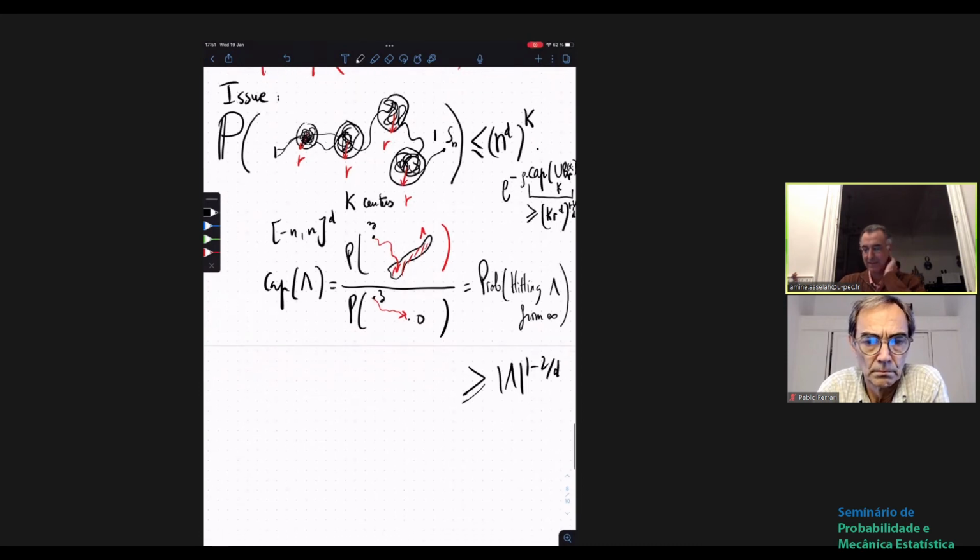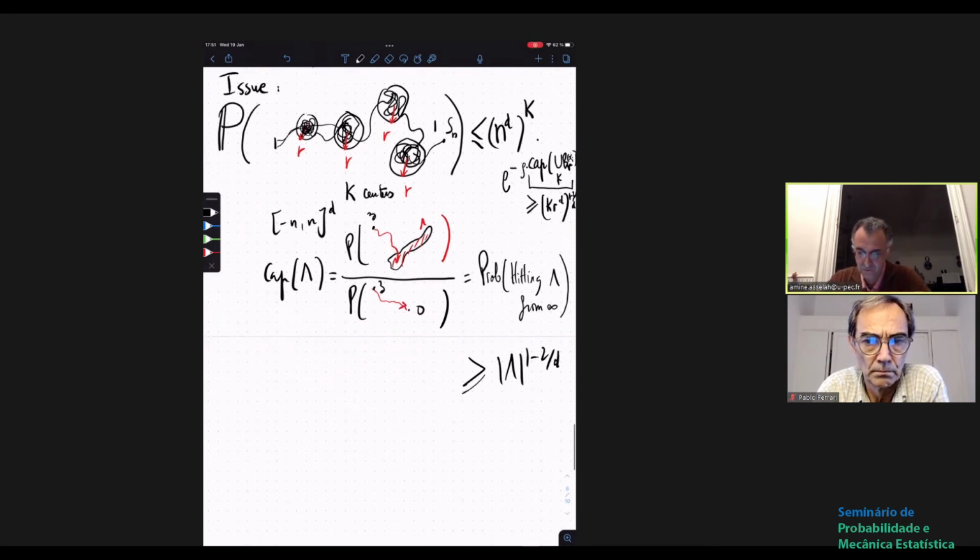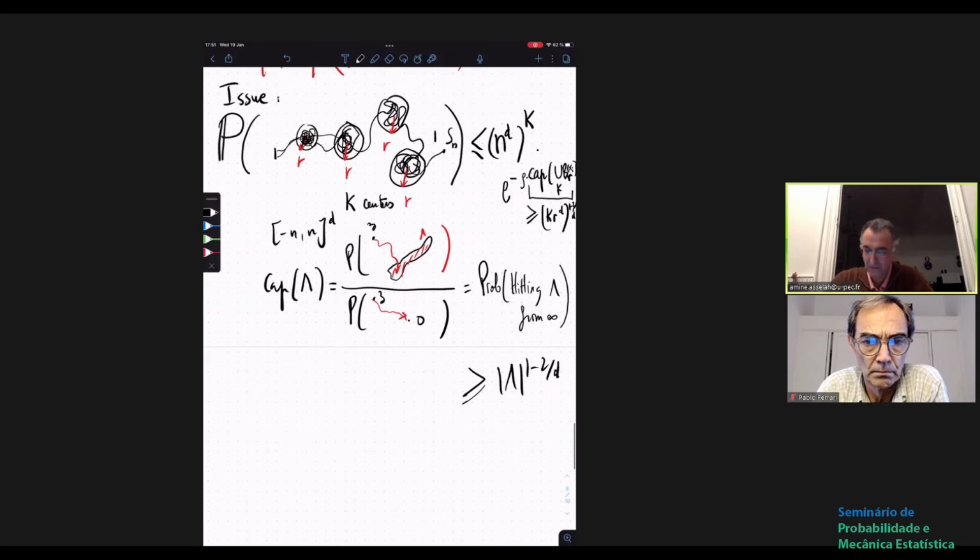But what you see is that when you face such an issue, the real problem is that you have too many ways to put your centers. You have n to the power k, whereas what you gain from visiting those sites is k to the 1 minus 2 over d. That's problematic because when k is large, the combinatorial factor kills you.